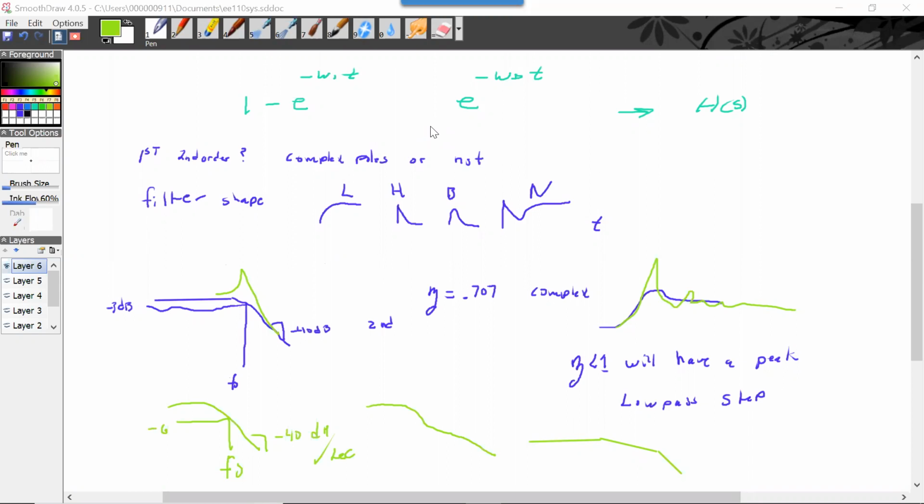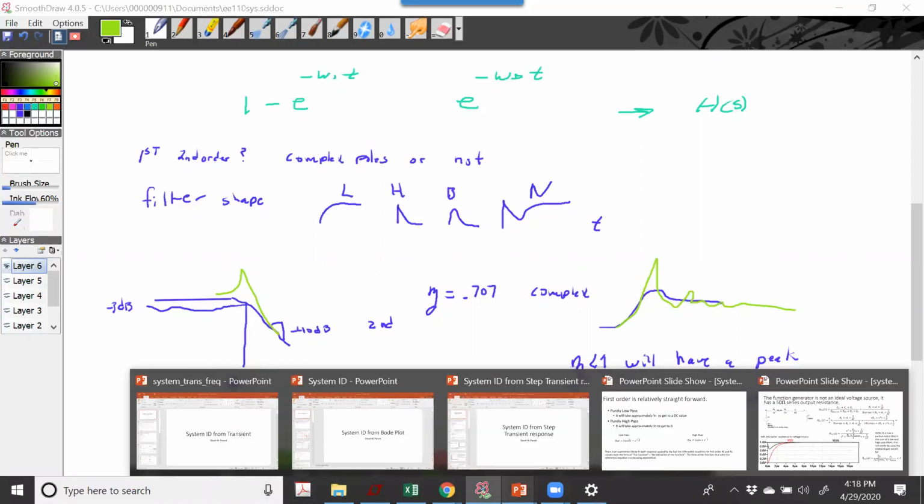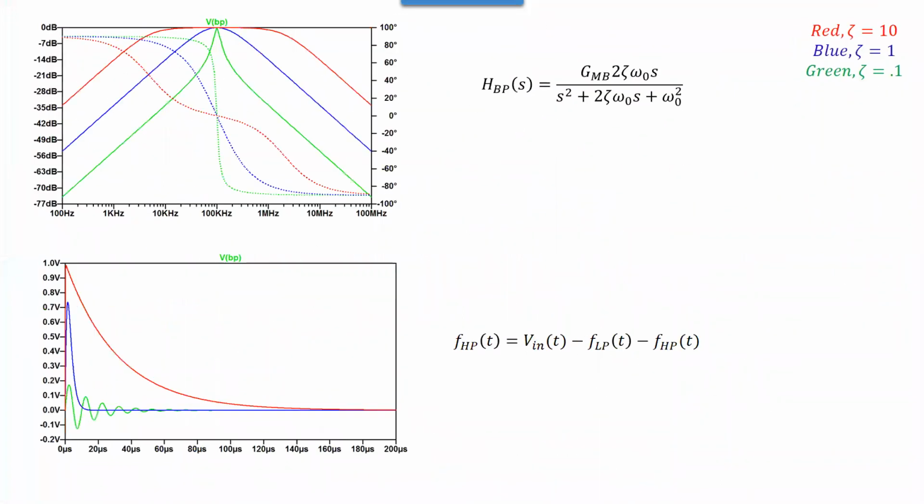So finding omega naught on a bandpass from the Bode plot, that's not a problem, right? So the bandpass, everything's second order, everything changes 180, but here we start from 90 to minus 90, and so omega naught is always happening at 0.